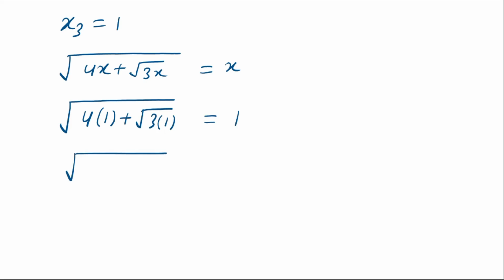Square root of 4 is 2, plus square root of 3, and this equals 1. Here this expression and this number are not equal, so the third solution is rejected, because if you substitute x equals 1 in the given question, the left hand side and right hand side are not equal.